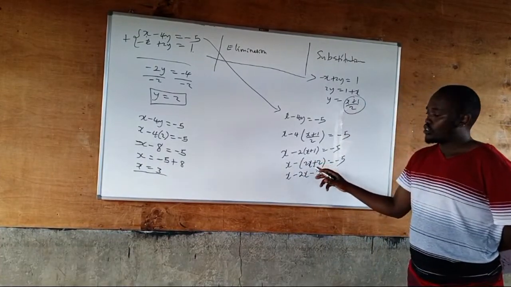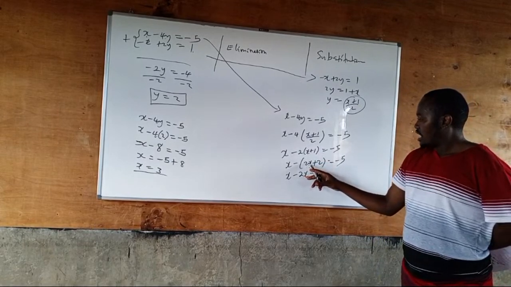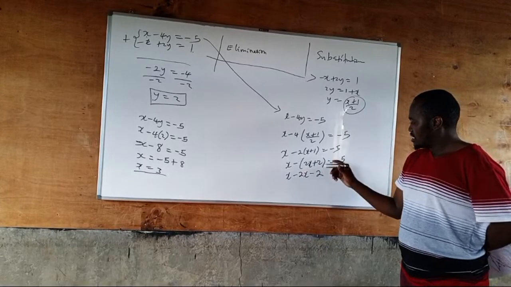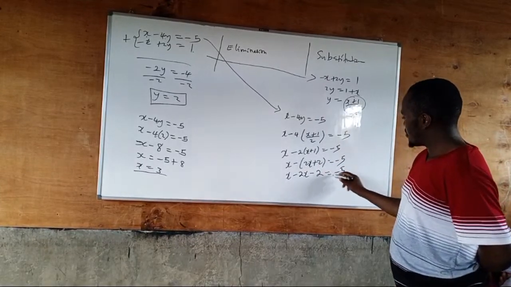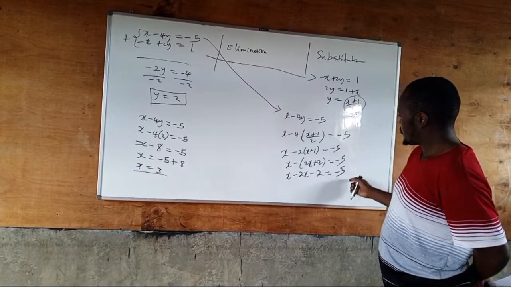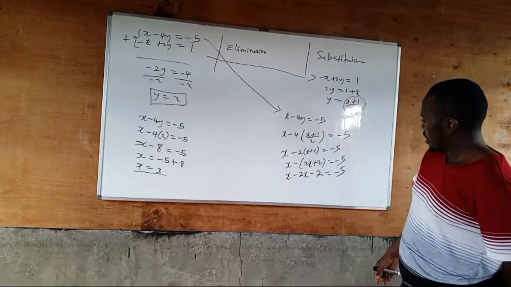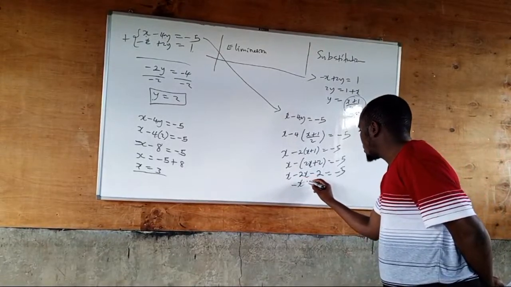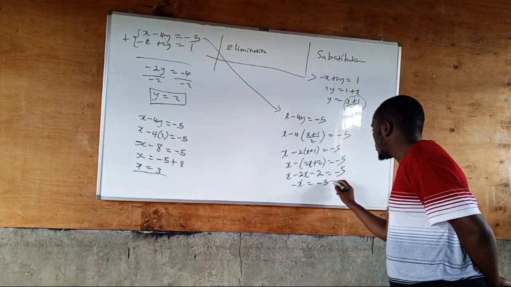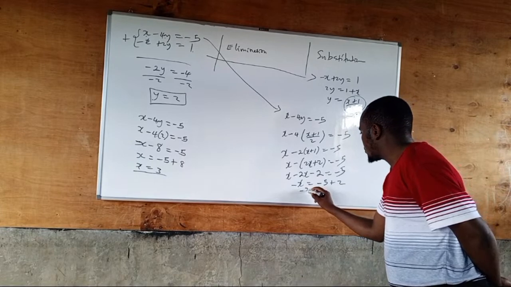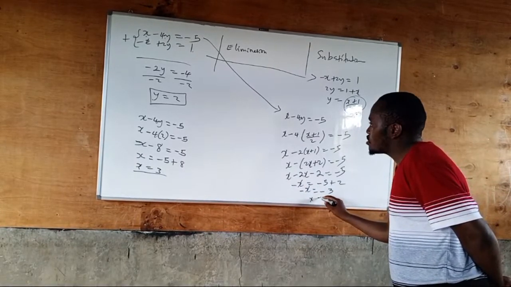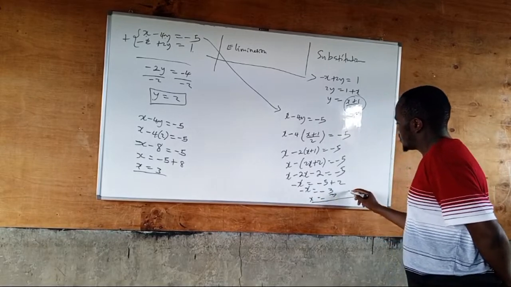Nasema hivi because question 1 kuna mtu alifungua akasoma hapa ndani alafu akasema si shaka soma negative 5. Yes. So this is negative x equals to negative 5 plus 2. Negative x equals to negative 3. X is equals to 3.